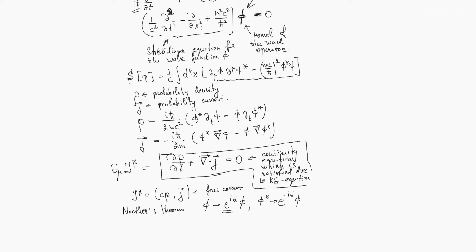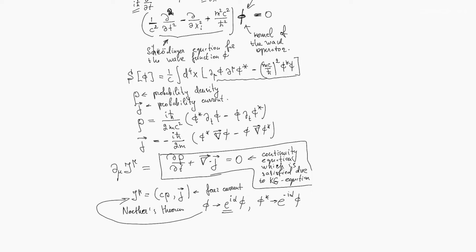So this is a symmetry of the action, and by Noether's theorem this symmetry must correspond to a conserved current, exactly this probability current which I'm writing here. So on equations of motion, which is the Klein-Gordon equation for phi and phi star, this current must be conserved, and this is exactly what you can verify by direct means.